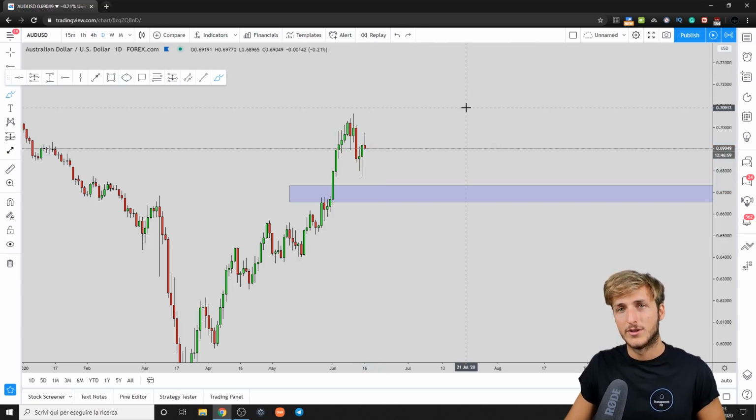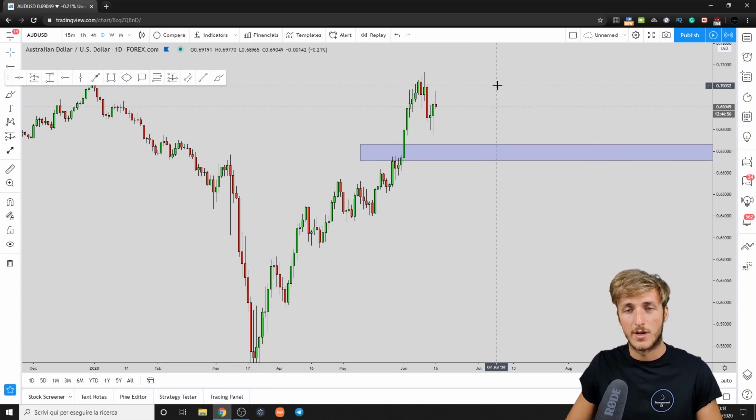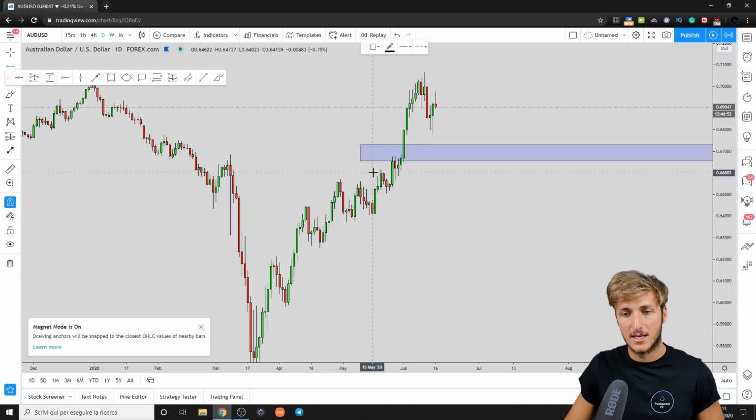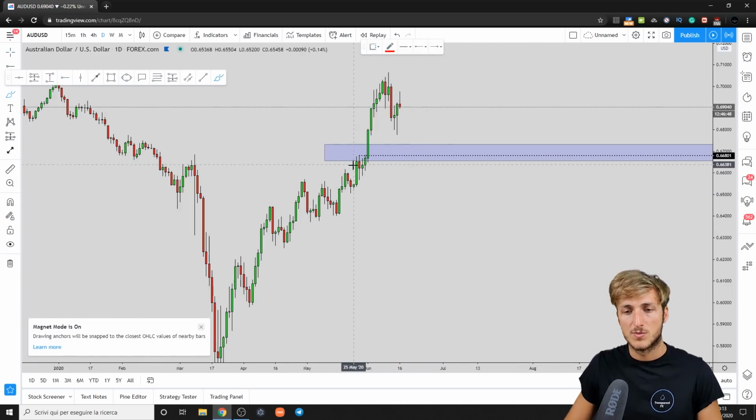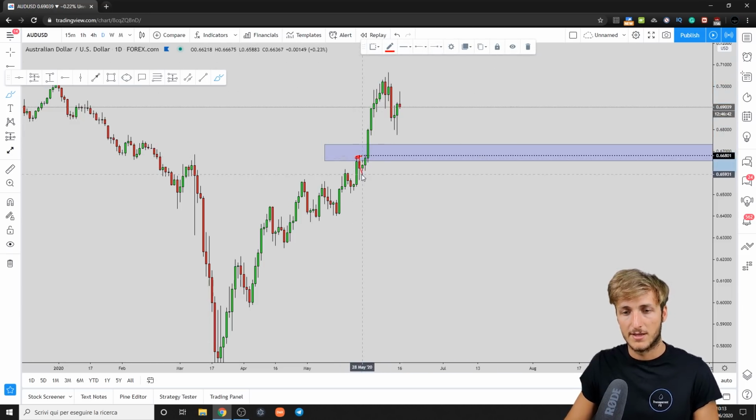Now, if on the daily time frame you are to find the actual daily target, where is the target from a daily perspective? The target is exactly here. Why? Because before starting this impulse to the upside, the market stopped exactly here, finding this resistance. So this is the previous resistance that will be turned support at this level.